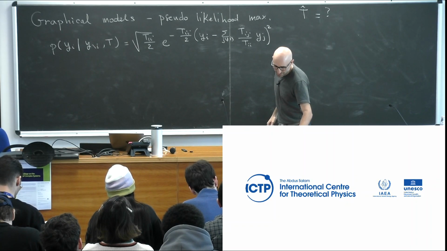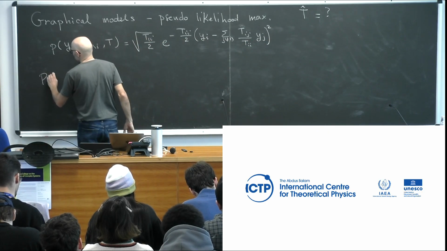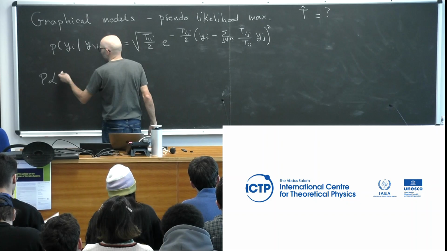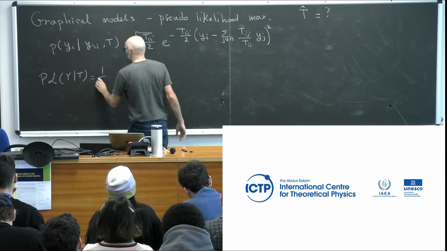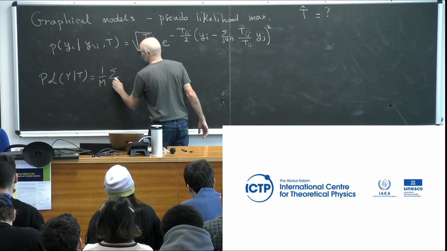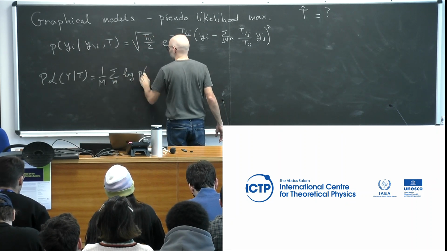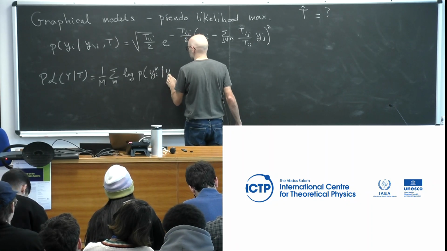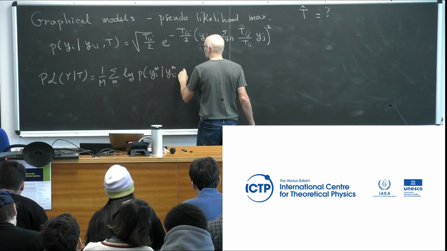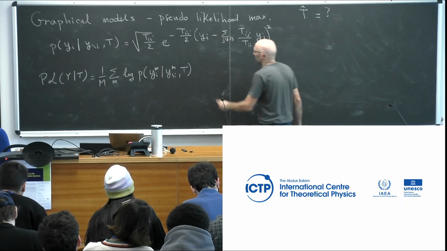I can do this. So I can write what is called the pseudo likelihood of the data given T, which is just 1 over M times the sum over M of the logarithm of this quantity. What do I get?